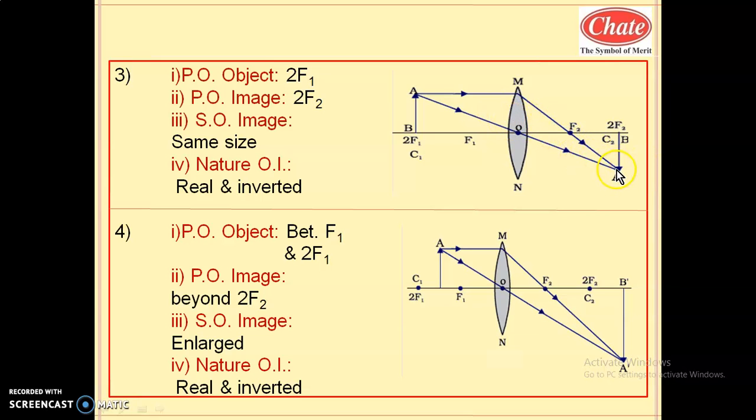First ray parallel to the principal axis up to exactly the central line of the lens, then align the scale to this point and the focus, because the ray which is parallel to the principal axis, on refraction, passes through the focus. Second, you have to draw a ray which is passing through the optical center.